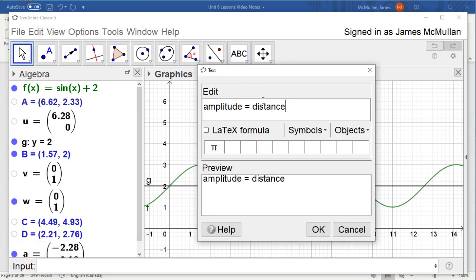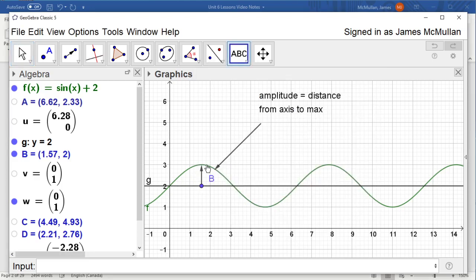Amplitude equals distance from axis to max. Now, you could just as easily draw an amplitude going downward, where it would be the distance from, let me just see if I can do this in my head.